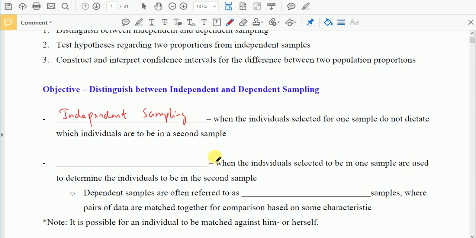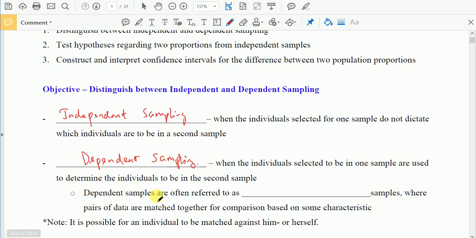The second case, when the individuals selected to be in one sample are used to determine the individuals in the second sample, that means they do depend on each other, or we call it dependent sampling.